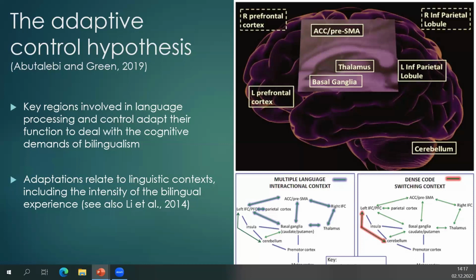And they adapt their function and how strongly they connect to each other according to what sort of bilingual context you find yourself in, right? So if you are in a multi-language interaction context, you have better, more intense connectivity of all these regions that relate to control. If you are in a dense code-switching context, you only have strengthening of some of these connections, not everything. So there are adaptations in functional connectivity, but they depend on the context.